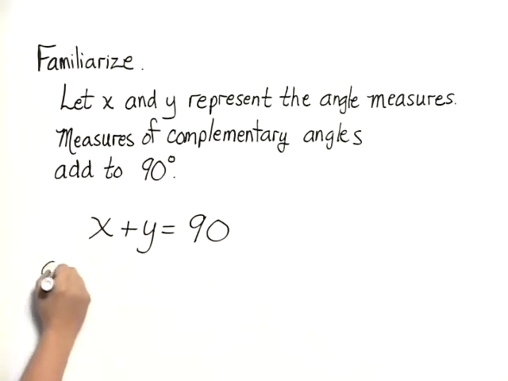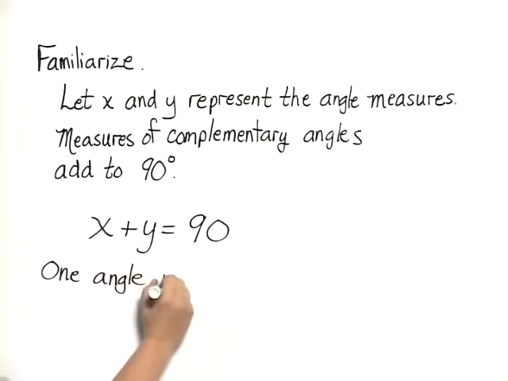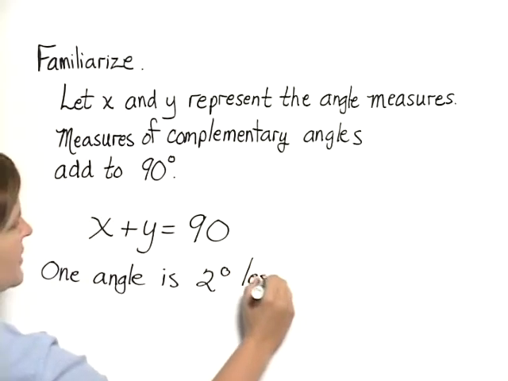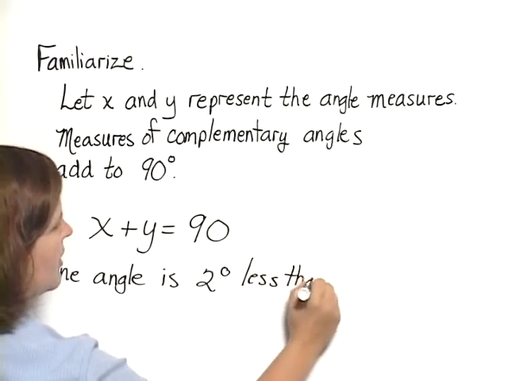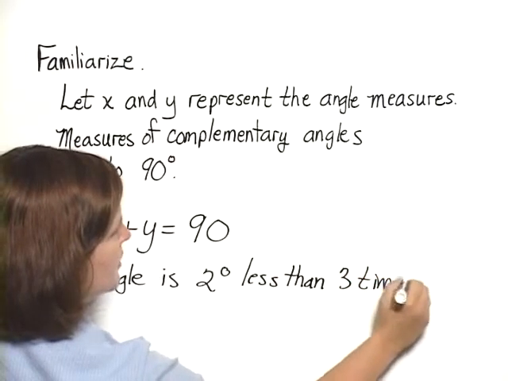Let's rewrite that as one angle is 2 degrees less than 3 times the other.